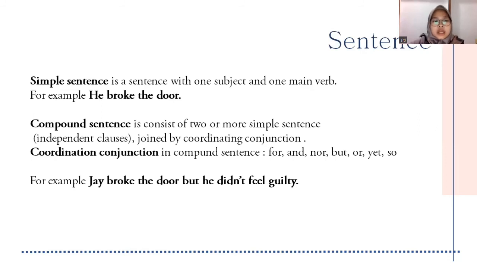For example, he broke the door. And the compound sentence consists of two or more simple sentences, or independent clauses, joined by a coordinating conjunction. The coordinating conjunctions in a compound sentence are such as for, and, nor, but, or, yet, so. For example, Jay broke the door, but he didn't feel guilty.